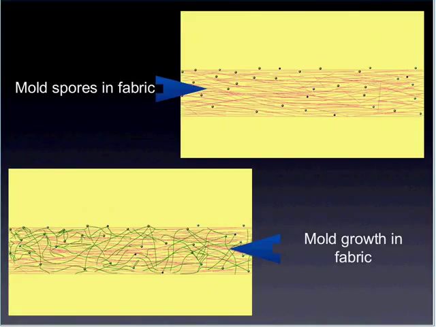The second picture here is mold growing in fabric, and in this case you can see that the roots of the mold have been intertwined with the fibers in the fabric, which has tremendous implications for how we clean and what's cleanable, and what needs to be disposed of versus what can be wiped and vacuumed, that sort of thing.